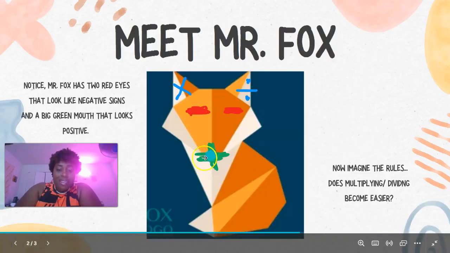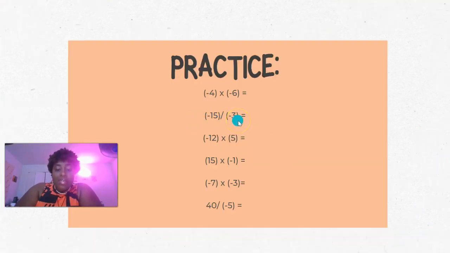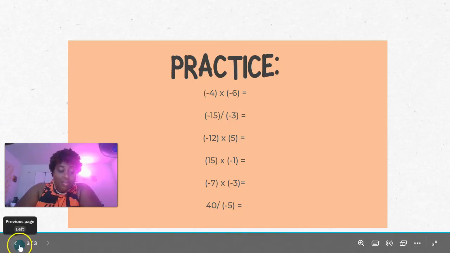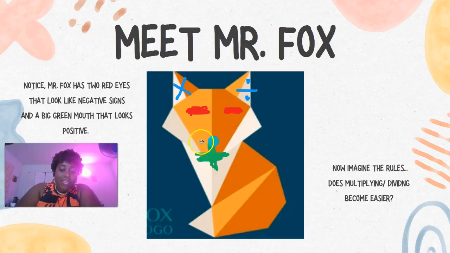All right, let's go back. I also have negative 15 divided by negative 3. All right, so I have my negative and my negative, so my answer has to be positive. So negative 15 divided by negative 3 is going to be a positive 5.